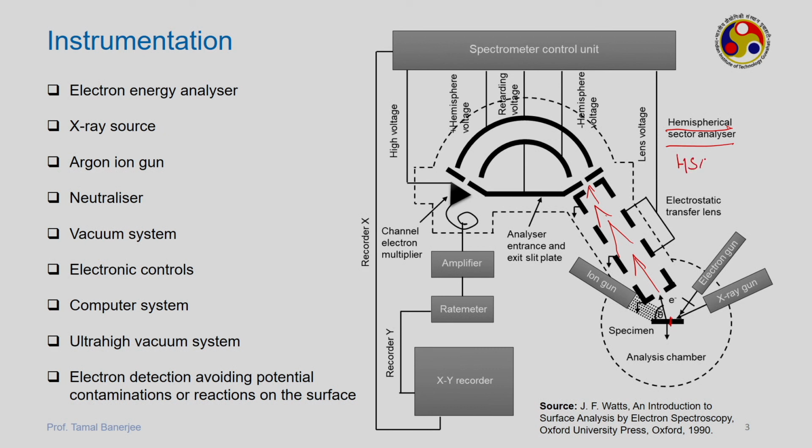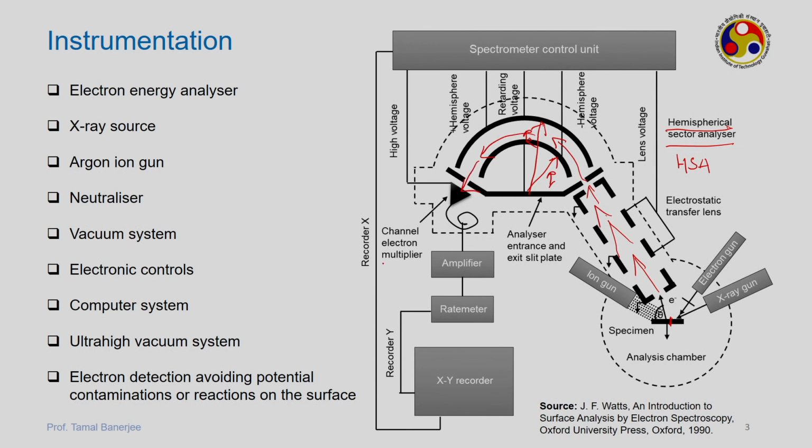It has two concentric spheres with two different radii, R1 and R2. I will explain this later. Electrons enter here. Why these voltages are given, I will explain when I discuss this region separately. Then the electron beam enters, goes around, and comes back here.